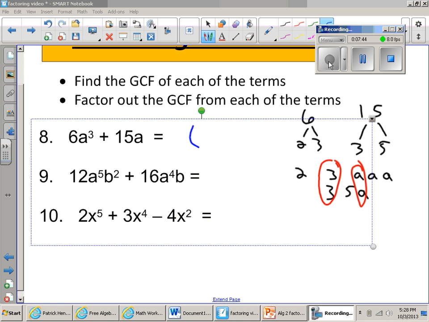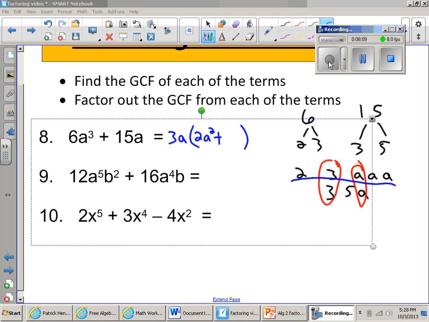Where does the GCF go? It goes outside the parentheses, 3A. Let's bring my plus sign in. What was left from 6A cubed, or the first line here, after I took a 3A out? Well, if you notice, that's what's left that was not circled. So that would be 2 times A A, which is 2A squared.